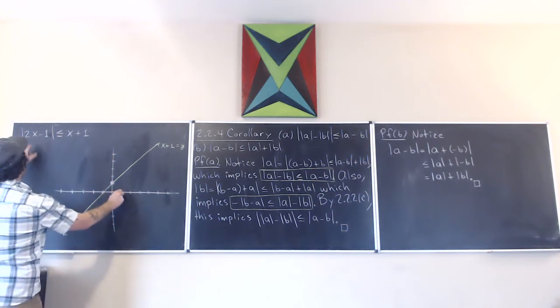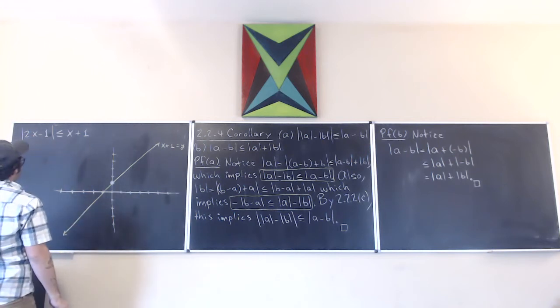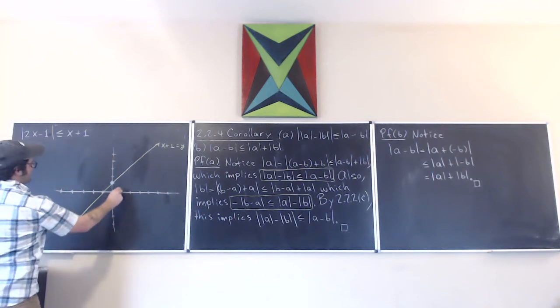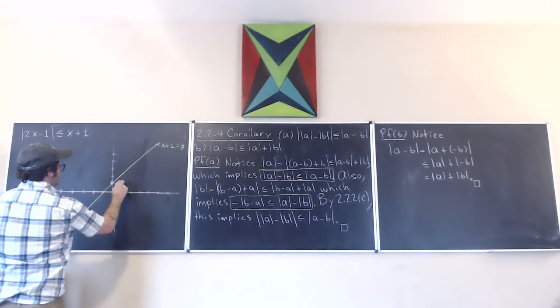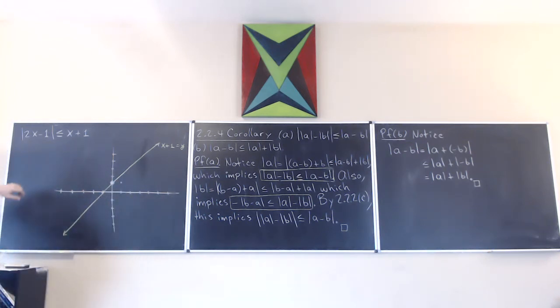When x is 1, we have 2 minus 1, which is 1.